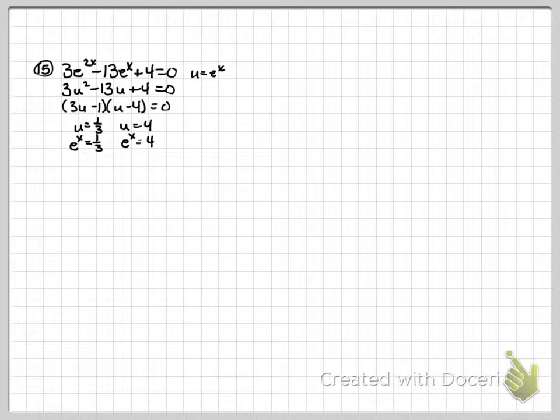So do the log on both sides to get rid of the e. ln of e crosses out and I get x is equal to the ln of 1/3. ln of e crosses out again, x equals the ln of 4. Okay, so that was 15, quick and simple. Let's move on to 16.